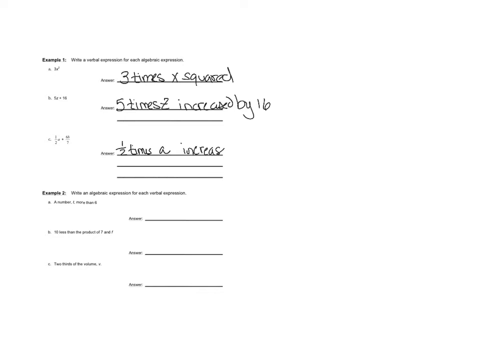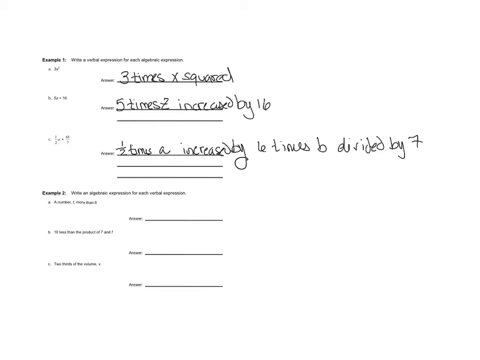Increased by 6 times b divided by 7. I could say 1 divided by 2 multiplied by a added to the quotient of 6 times b and 7. I could say the quotient of 1 and 2 times a increased by 6 times b divided by 7.